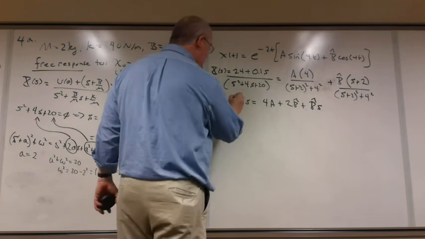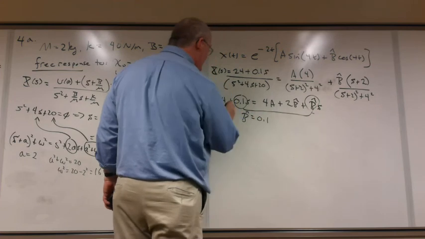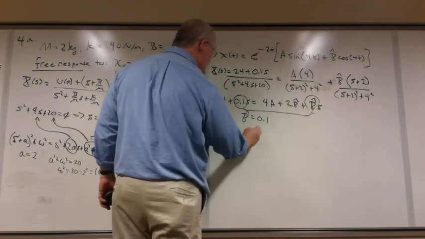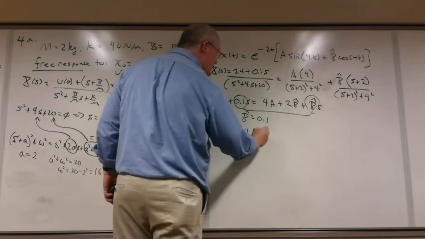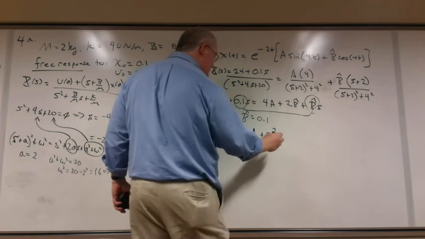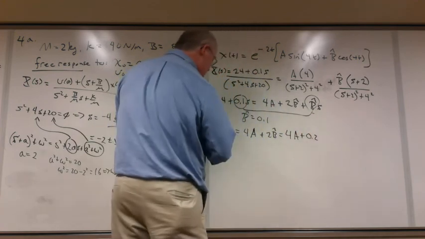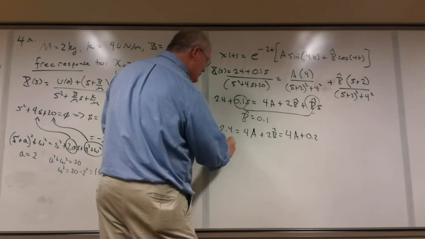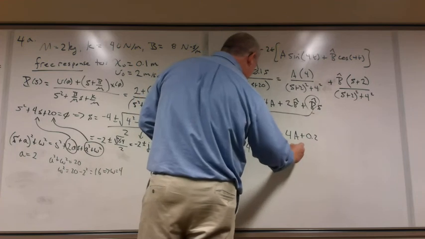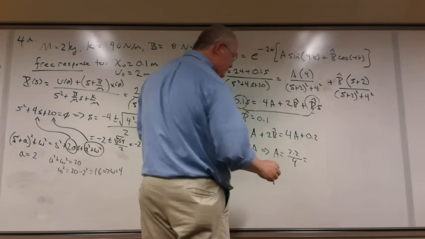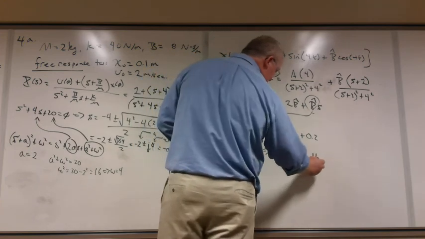All right, so once again, pretty obviously, b hat is equal to 0.1, and 2.4 is equal to 4a plus 2b hat, oops, got my a and my plus transposed, 4a plus 0.2, so 2.2, subtracting 0.2 from both sides, 2.2 is equal to 4a, therefore a is equal to 2.2 over 4 is equal to, let's multiply top and bottom by 5. 5 times 2.2 is 11, that means equals 11 over 20.